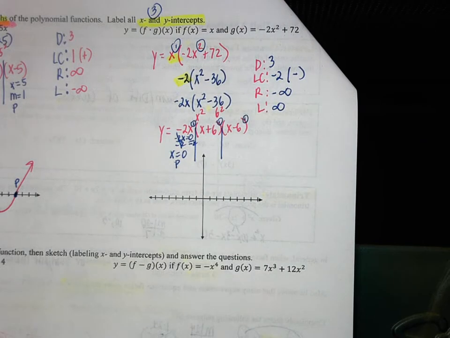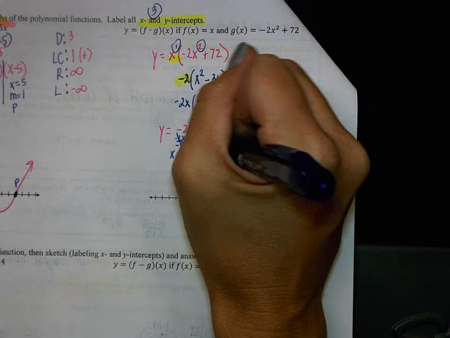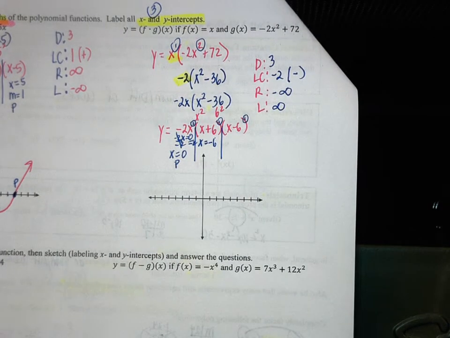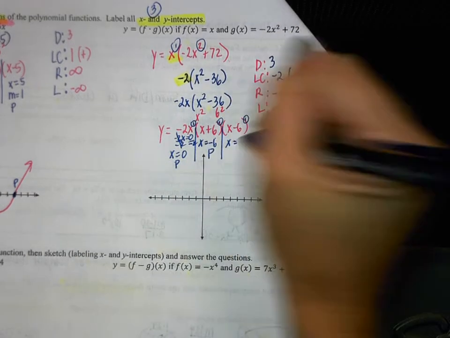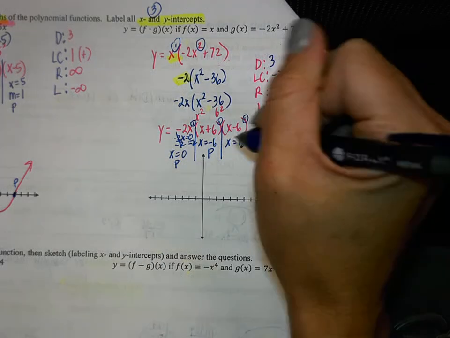Okay, I'm going to not write the multiplicity. We're just going to talk about it. On this one, x is going to equal what? -6. What multiplicity does it have? 1, which means it will pass through. This is going to be x equals 6, which has a multiplicity of 1, and it will pass through.